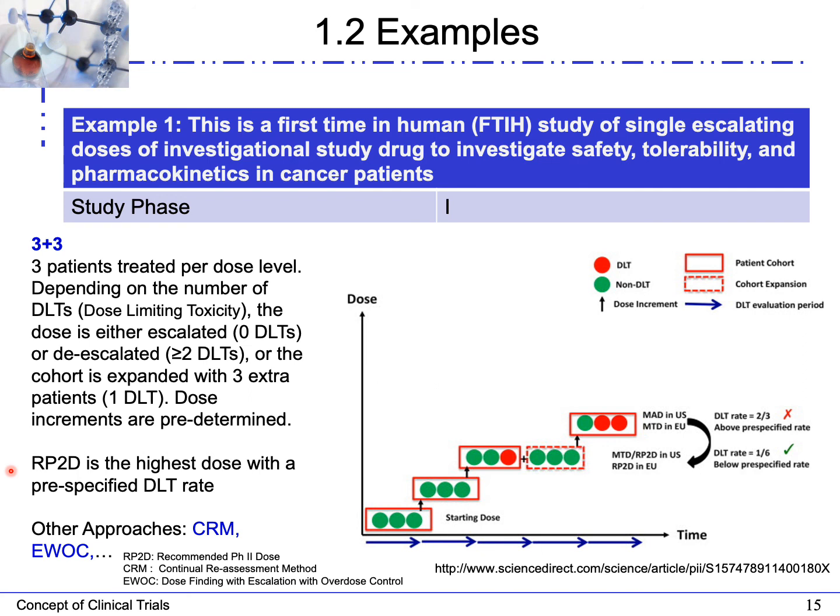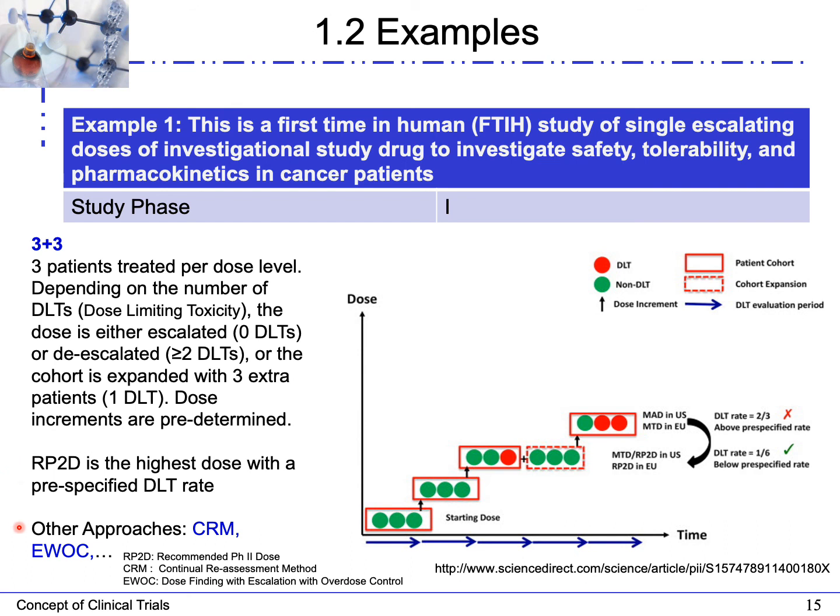So this is an old classical type of design that has been shown not to be the optimal design in terms of identifying, in the most efficient way, the recommended phase 2 dose.